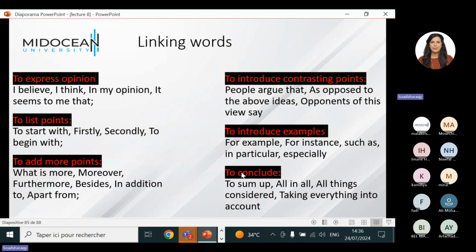Now, to conclude, you say, to sum up, all in all, things considered, taken everything into account. Okay, so these are the most important tips that help you to write a coherent opinion essay.